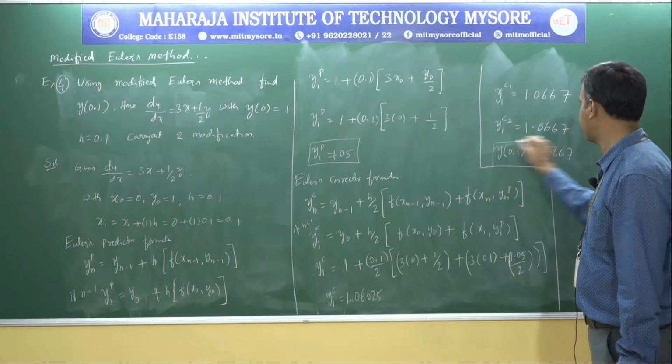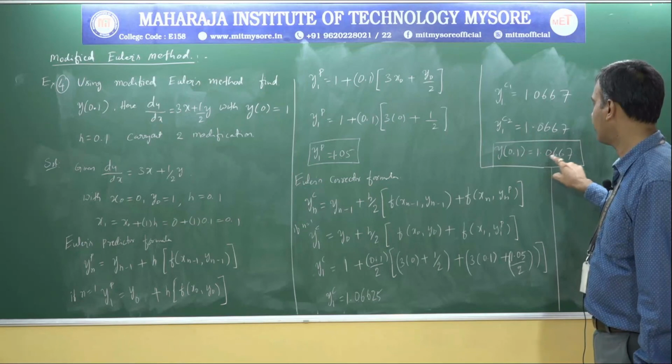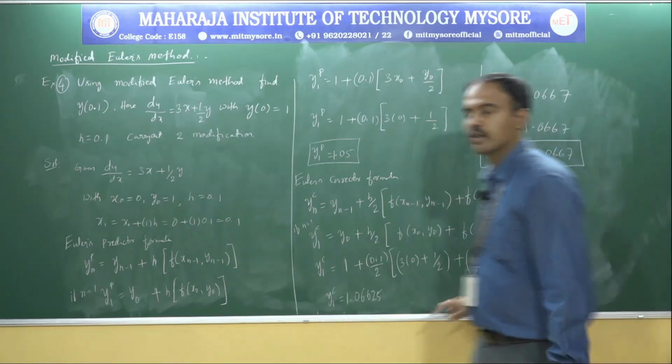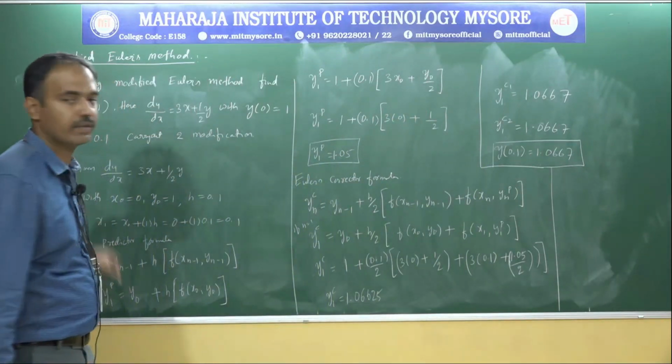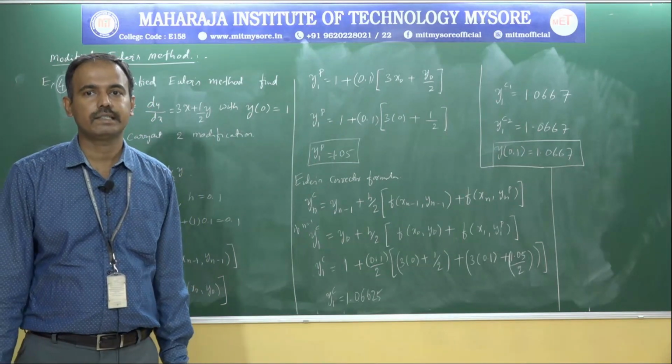Finally we represent y of 0.1 is equal to 1.0667. That is the fourth example. Thank you for watching the session 3 video.